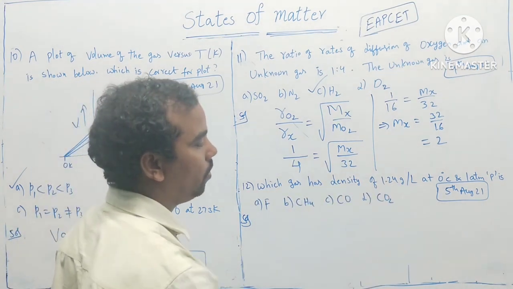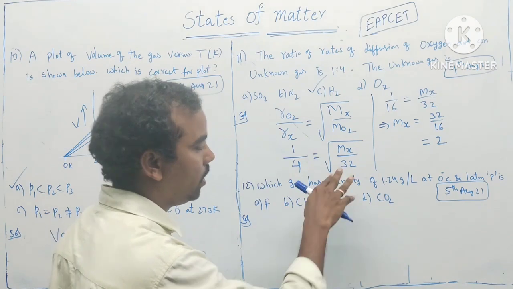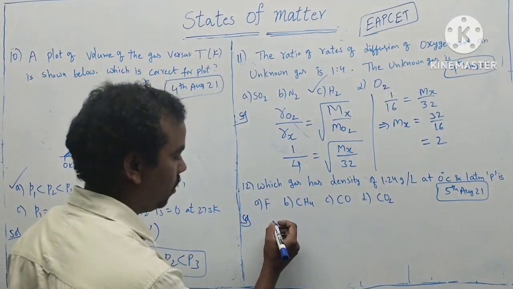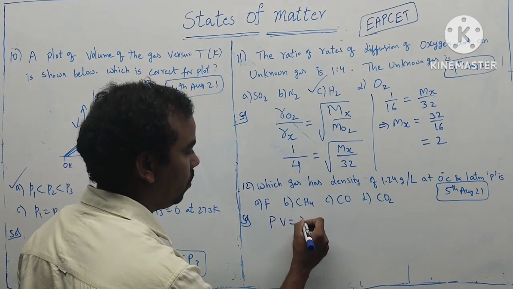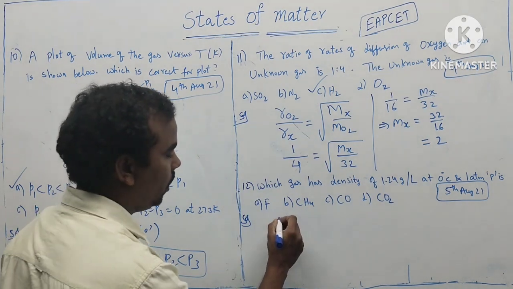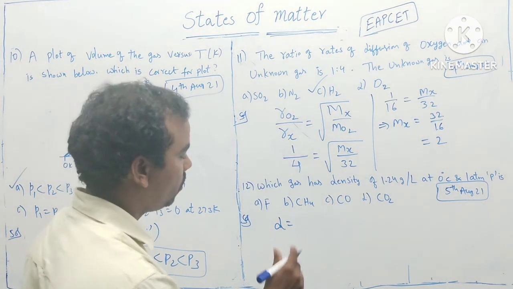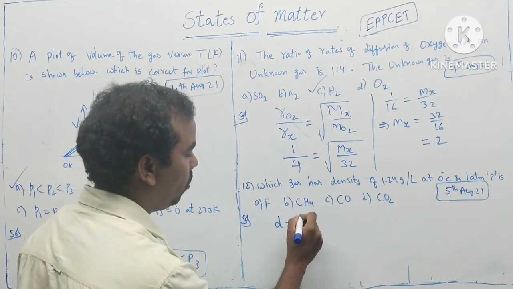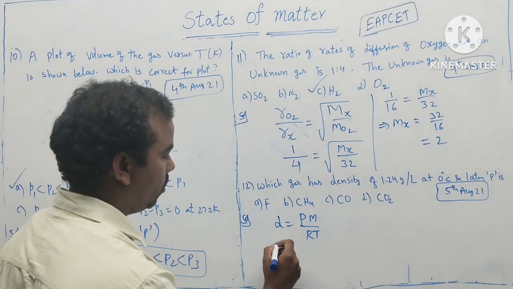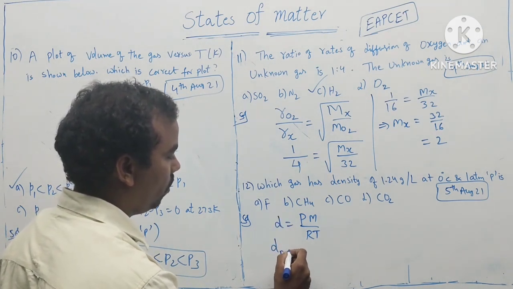So last one here. Which gas has a density of 1.24 gram per liter at 0 degrees centigrade and atmospheric pressure? We know that PV is equal to nRT. So D is equal to PM by RT. First, let's find the density of fluorine.